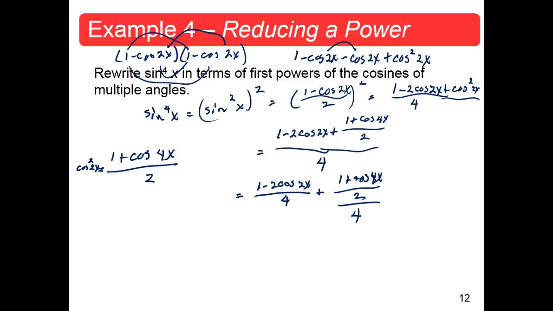Now, how can we rewrite that over 1 denominator? You're dividing by 4, you're multiplying by 1/4. That just makes it a 1/8.